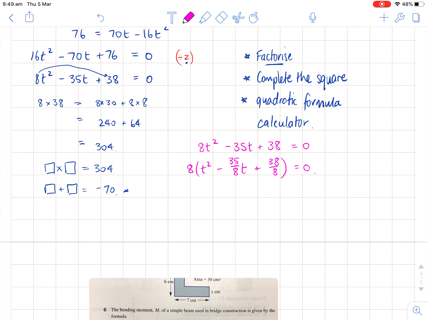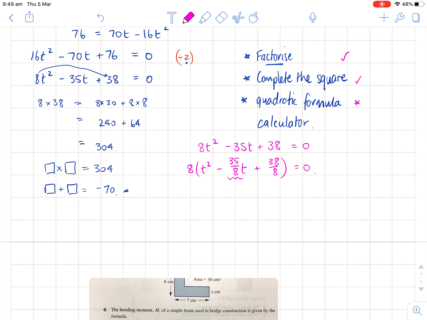Now again, straight away, I'm getting these horrible numbers. So rather than persisting with that method, I've tried factorising and completing the square, I'm going to go to the quadratic formula.